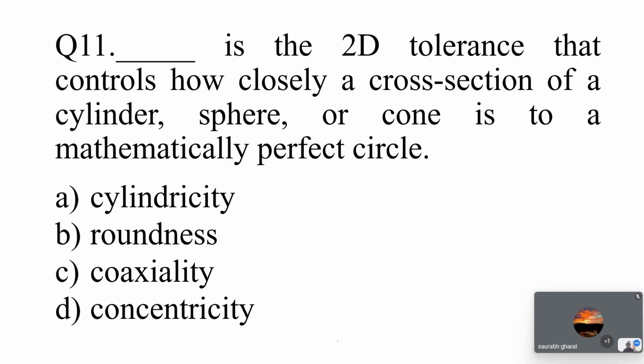Next: dash dash is a 2D tolerance that controls how close the cross section of a cylinder, sphere or cone is to a mathematically perfect circle. You can go to the slides if you want.